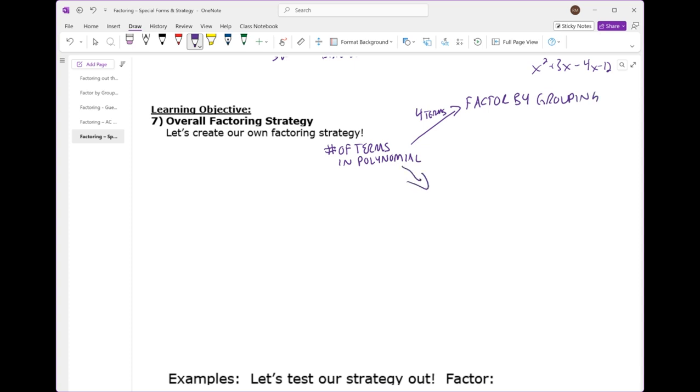If there are 2 terms, then I'm going to see, is this a difference?